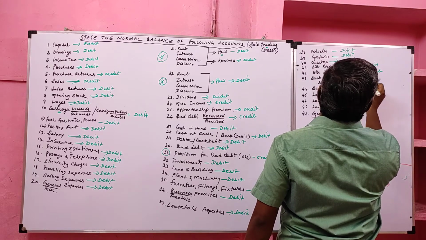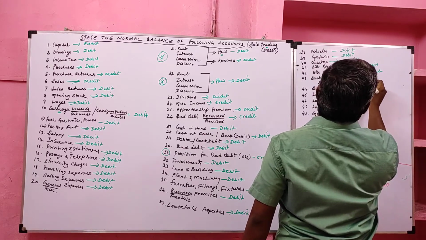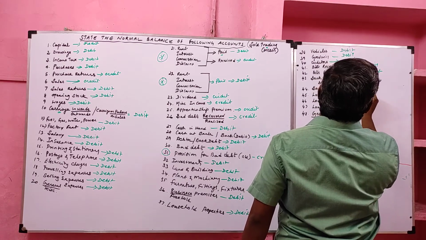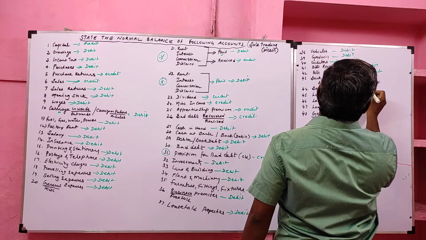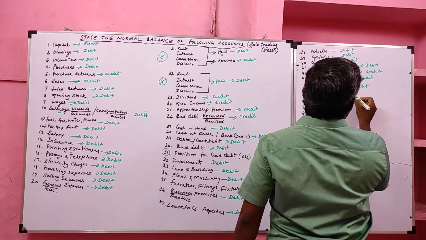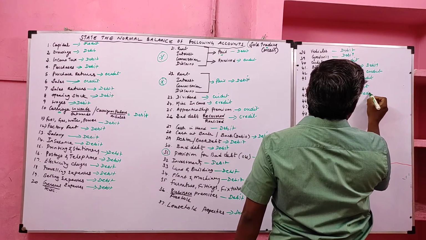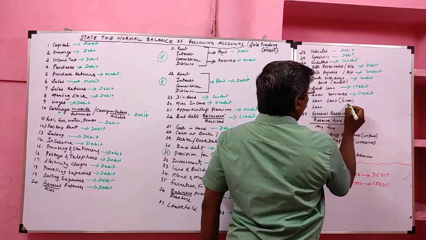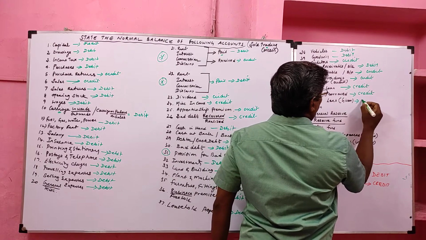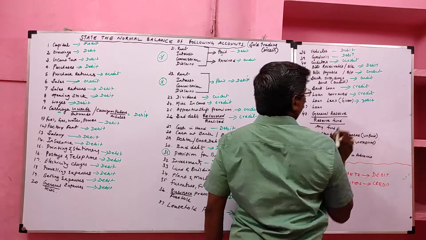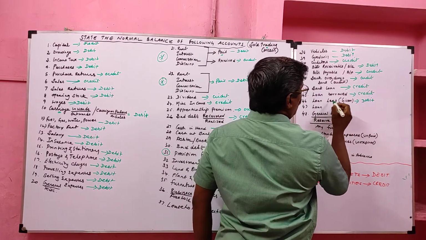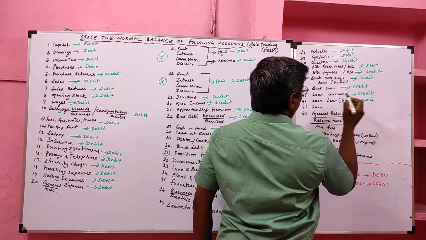Bank overdraft, payable to the banker, liability, credit. Bank loan, payable to the bank, liability, credit. Loan borrowed from the bank or from any other person, which we have to repay, is a liability, credit. Loan given or lent is an asset, debit.